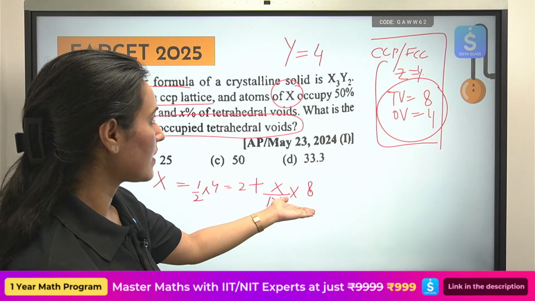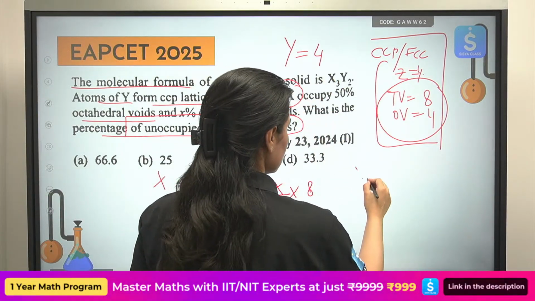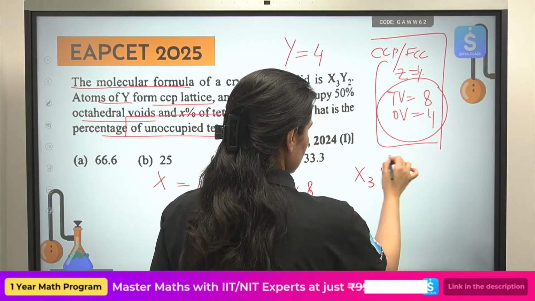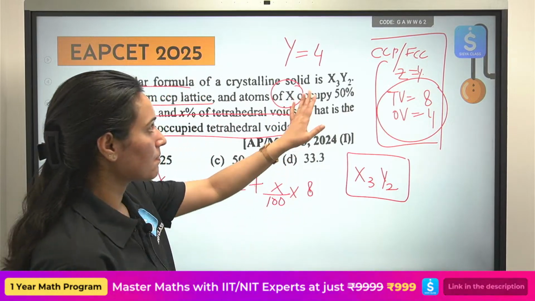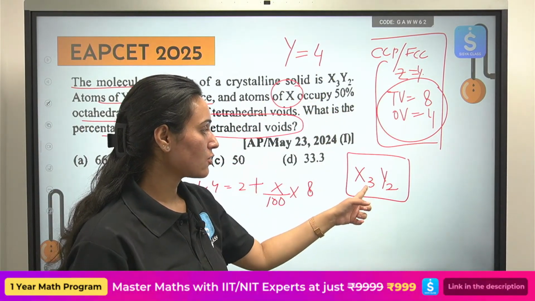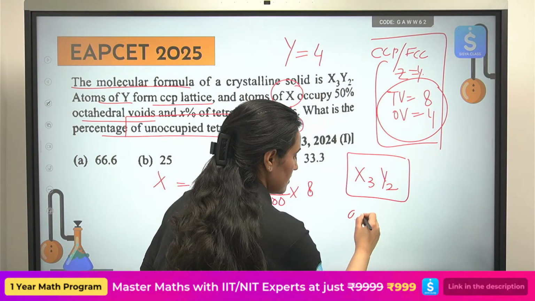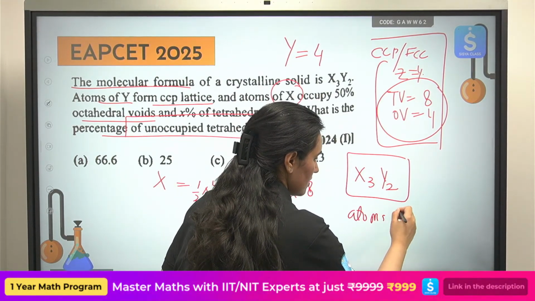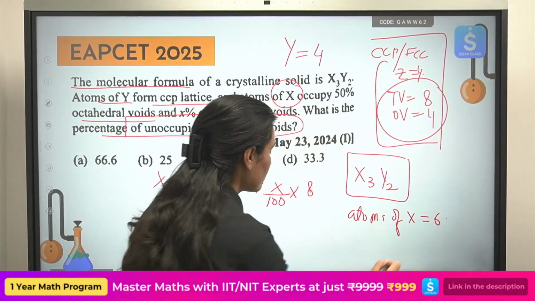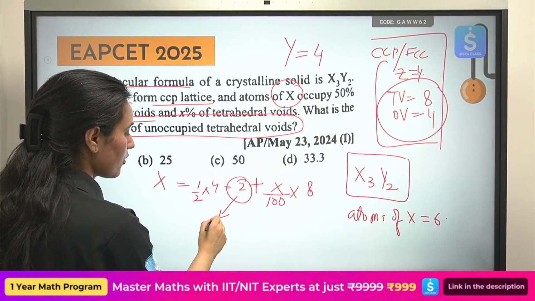Let's find out how many of them are occupied. So the formula is X3Y2. They must have simplified it. If number of atoms of Y are 4, here it is 2, so number of atoms of X must be 6. Out of which 2 are in octahedral voids.